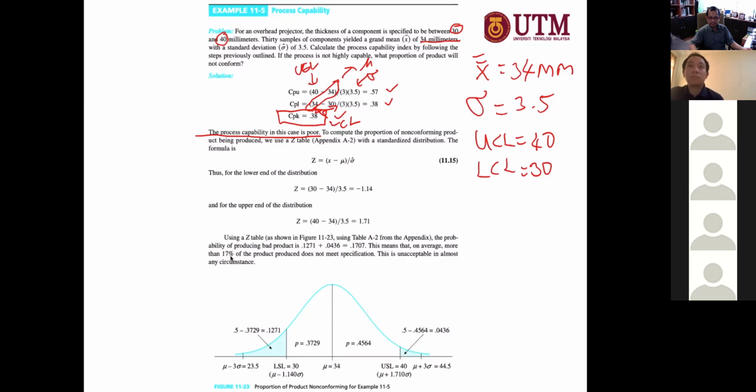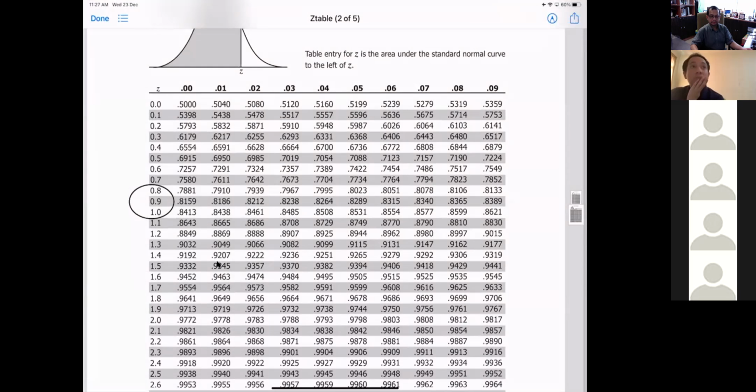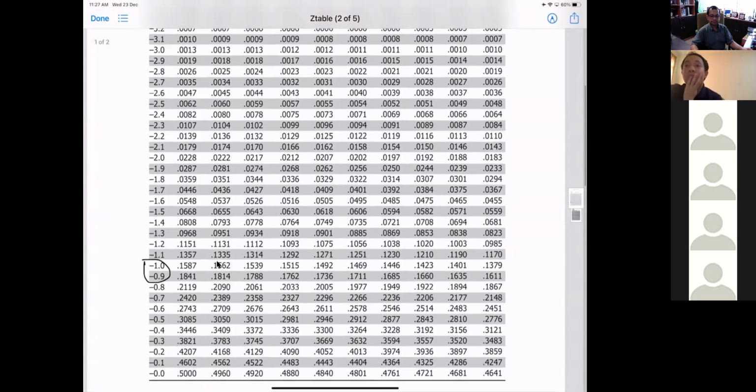So basically, this is how to calculate the process capability, and then using the table. Okay, let me show you how we get it straight away from this table.